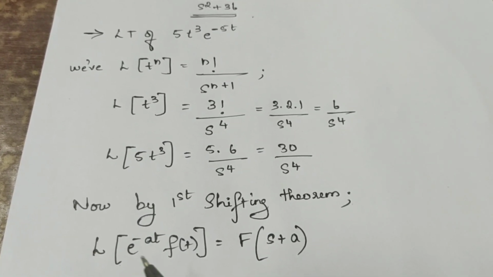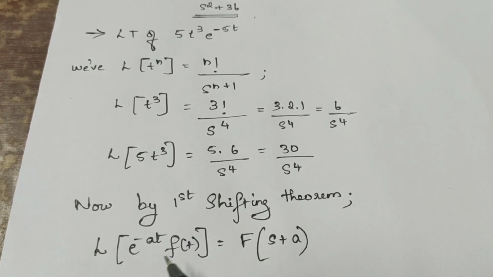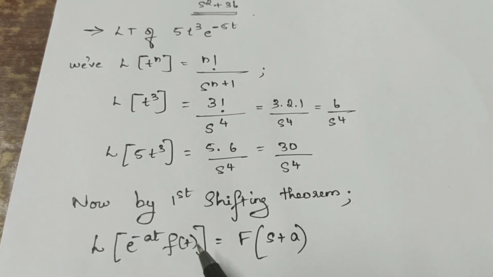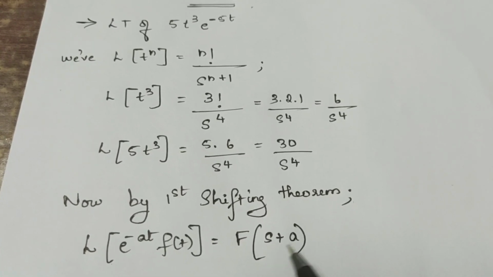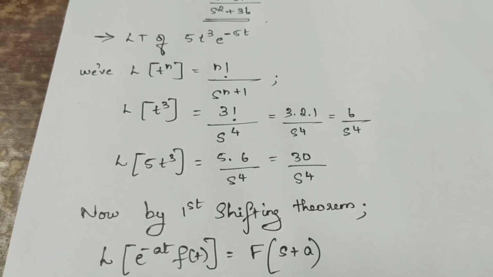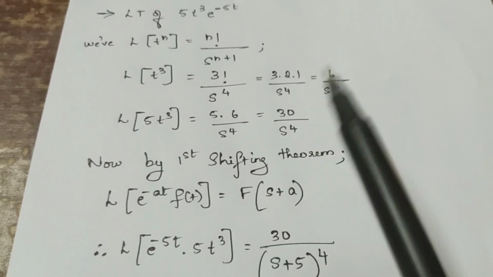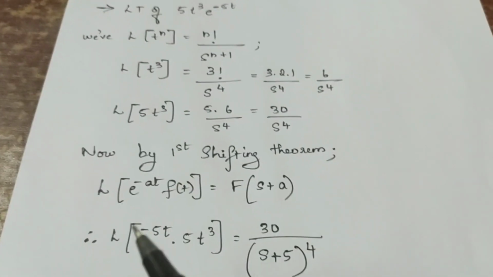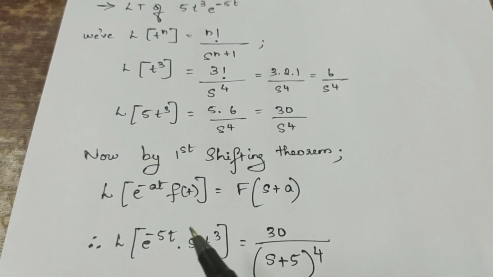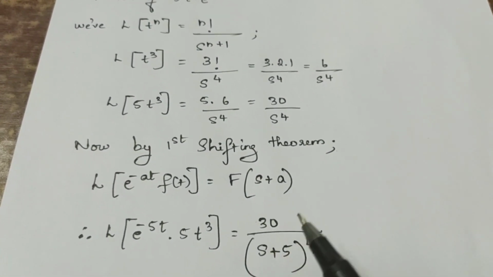Because if there is e raised to minus at along with the function, we can get the Laplace transform just by substituting that s with s plus a. So here a is 5.